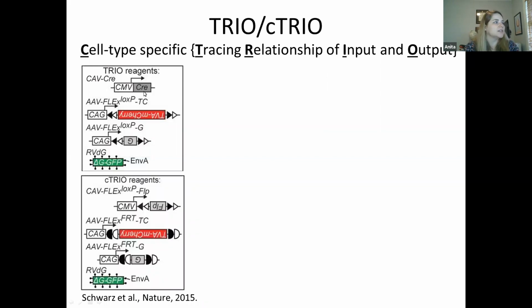And so they're administering Cre into the terminals, and once that Cre is taken up into the cell body, they get expression of Cre-dependent constructs, the TVA and the G protein. Those start to express, which will allow the presynaptic uptake of GFP.